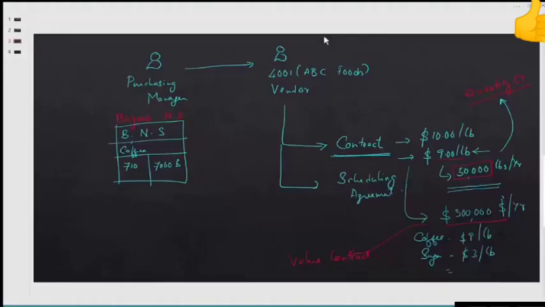Now, what do you do with the contract? Say we have created a contract, and this is a quantity contract whereby we have committed with the vendor that we will purchase 50,000 pounds per year of coffee. So we shook our hands, said goodbye, we came back to our plant, Chicago plant.